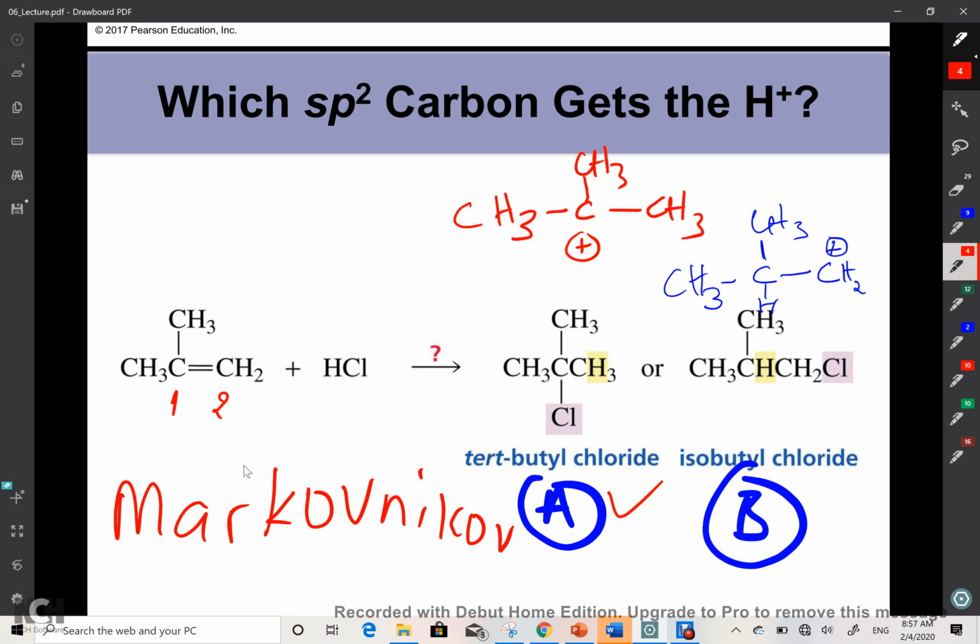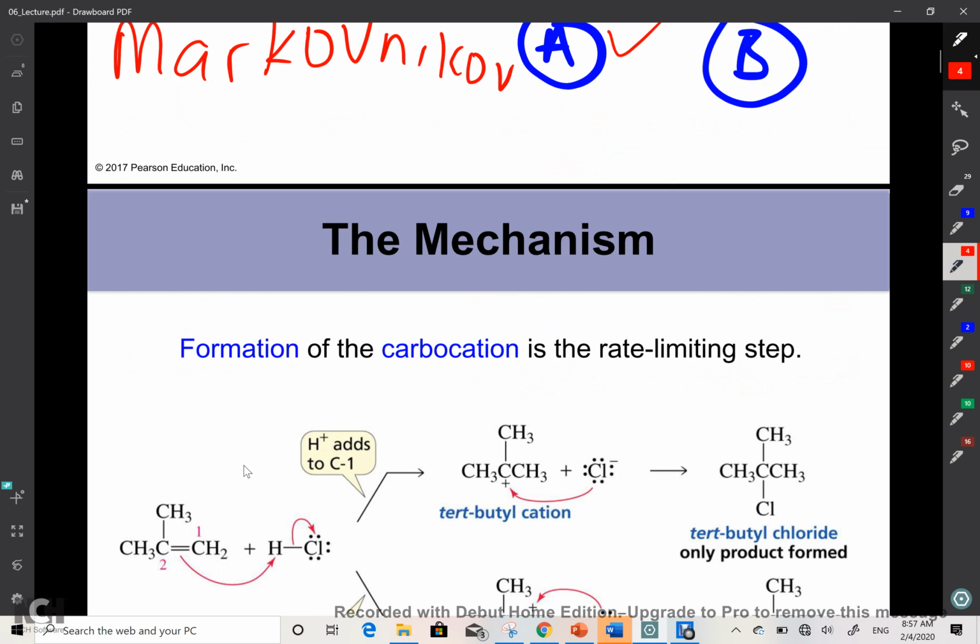If you look at the product, carbon 2 now ends up with 3 hydrogens. To those who have more, more shall be given. And that rule is based on the stability of the carbocation. Yeah, that's just how organic chemistry is.